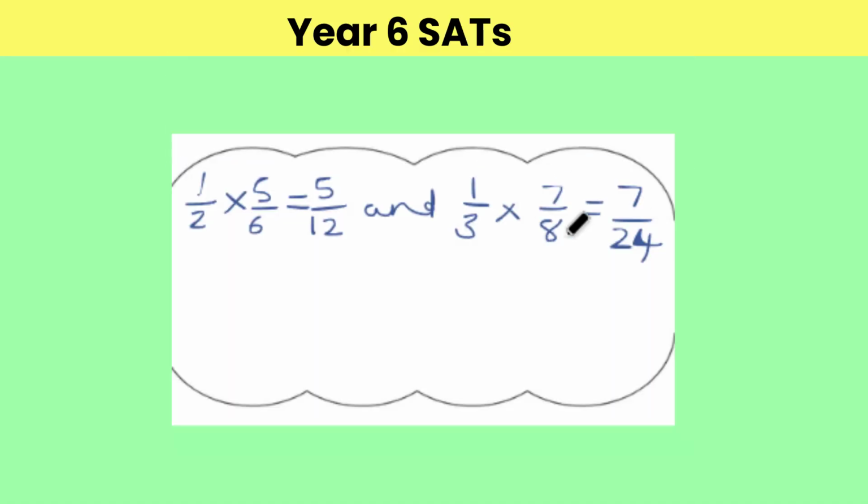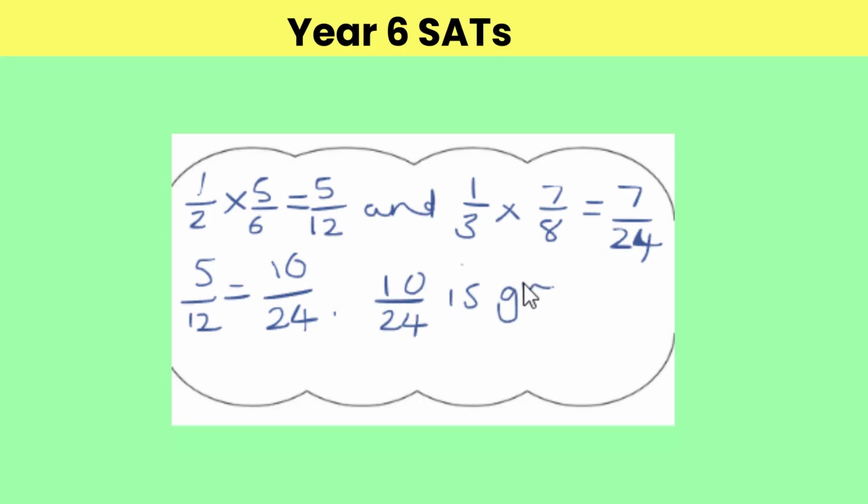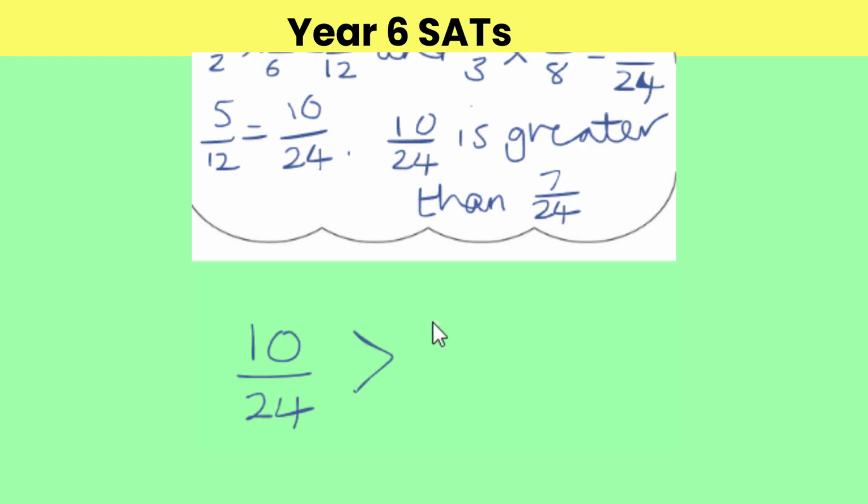So now you can see we've got 5/12 and 7/24, so we can compare these because 12 is a factor of 24, so we can change this 5/12. 5/12 is equal to 10/24, and we can just say 10/24 is greater than 7/24, or you might even just write right down here, 10/24 is greater than 7/24. Means the same thing written mathematically.